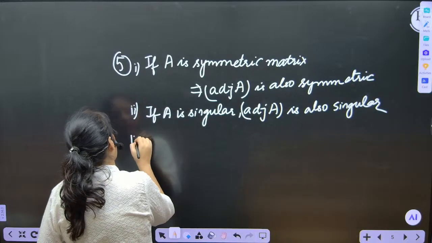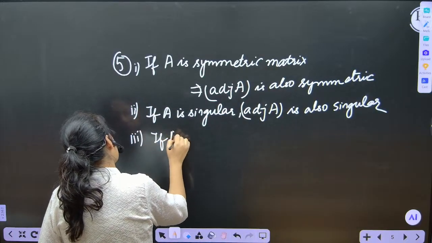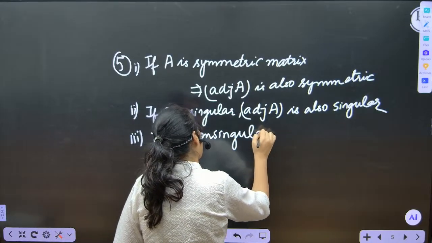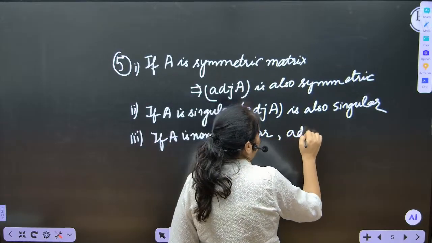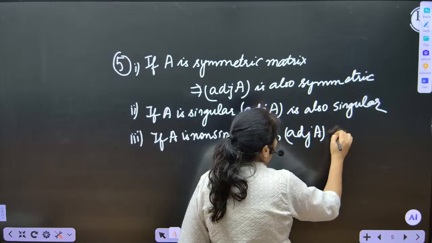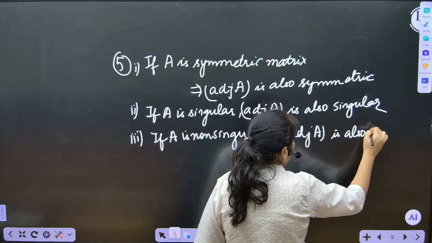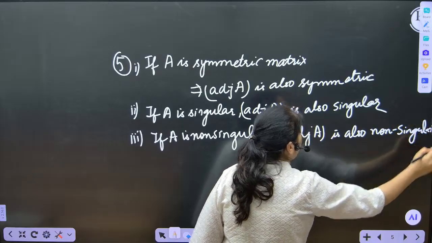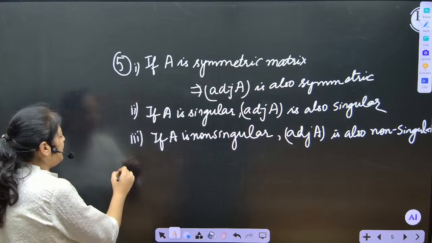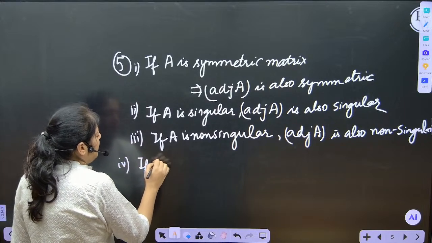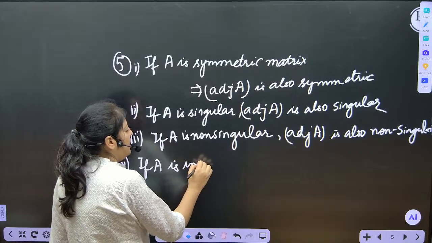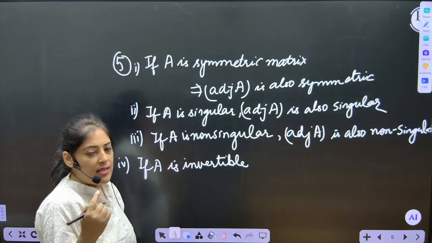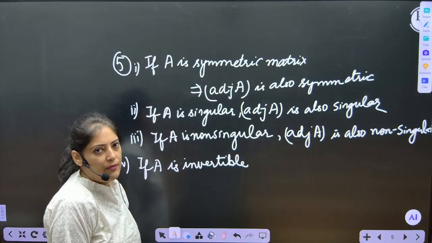Next, if A is non-singular, adjoint of A is also non-singular. If A is invertible, invertible means inverse exists, we'll do inverse as the next topic.